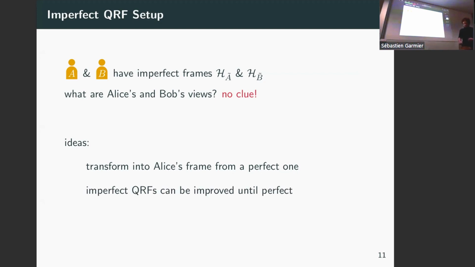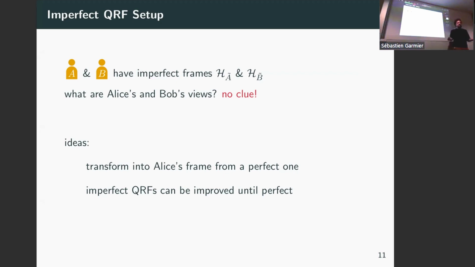The second idea is, again borrowing from quantum information theory, that you should be able to extend your system at will and that nothing can stop you from doing that. We should also consider that quantum reference frames should just be able to be improved by adding new stuff to it, and maybe be replaced by better frames and so on. So we can improve a quantum reference frame until it becomes perfect.